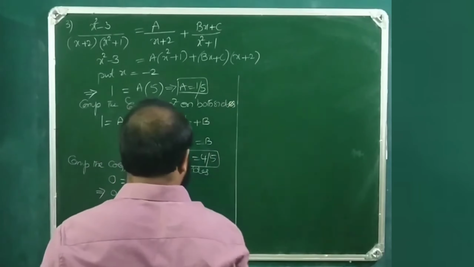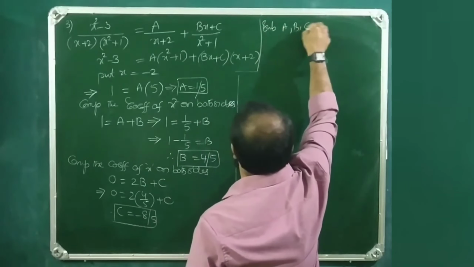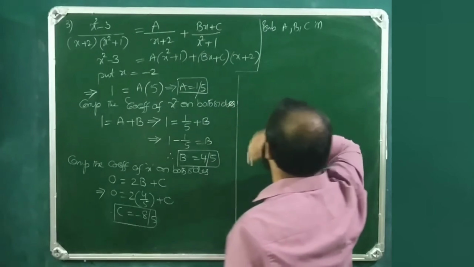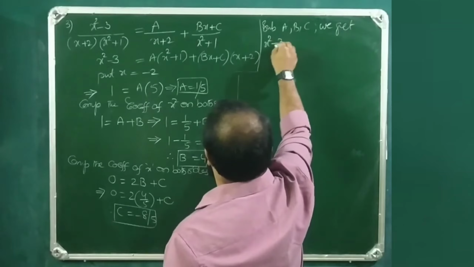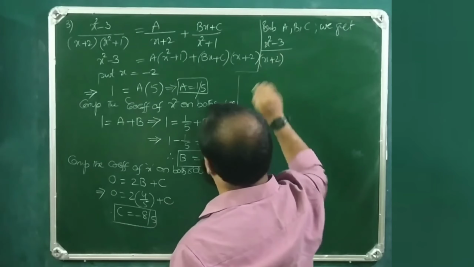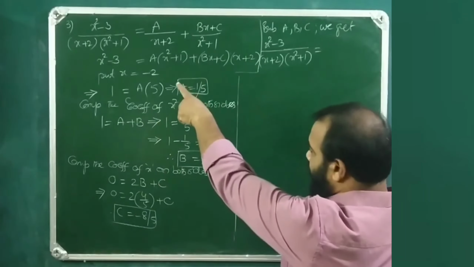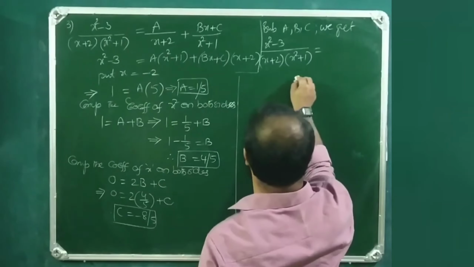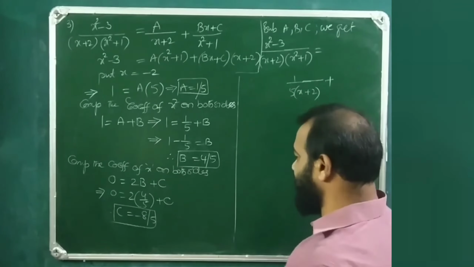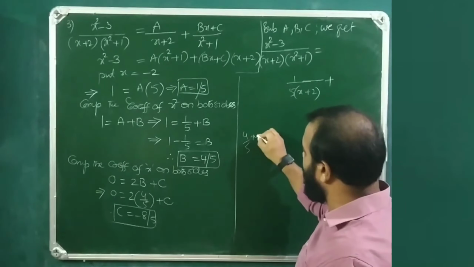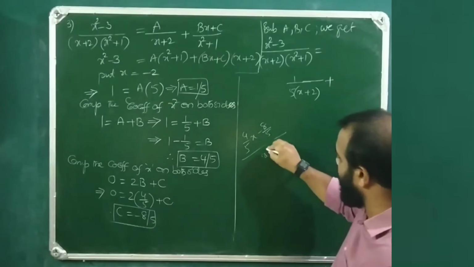So substituting a, b, c in the partial fractions, we get x square minus 3 by (x plus 2) into (x square plus 1) is equal to the value of a, 1 by 5, by x plus 2, so 1 by 5 into x plus 2, plus the value of bx plus c, b is 4 by 5 into x, c value is minus 8 by 5, by x square plus 1.